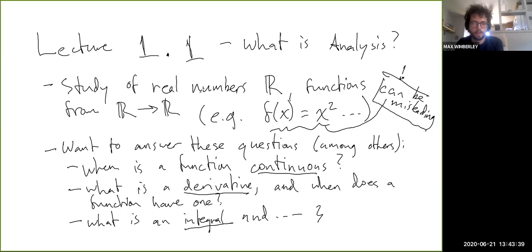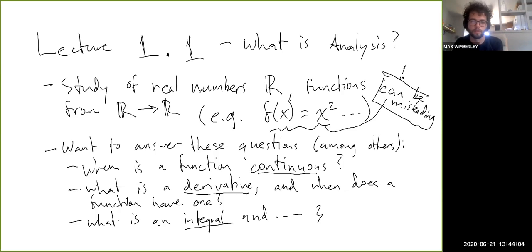In this class, what we're really focused on is trying to figure out how to describe the concepts of derivatives and integrals in the most general way we can, and to be able to analyze functions which are very badly behaved and strange, and to apply these concepts to basically any function we possibly can.